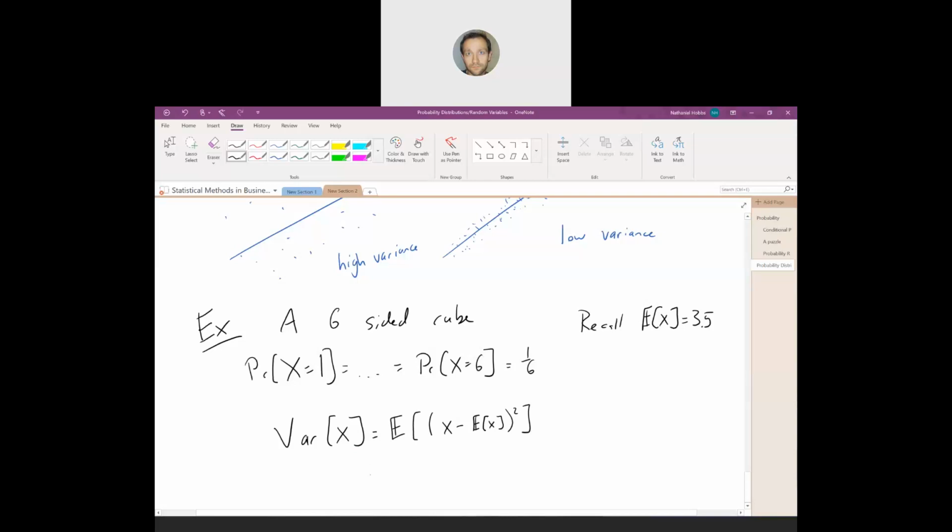Great. So what should I write? You mean like just write it out? Mm-hmm. So it'd be 1 minus 3.5 squared plus 2 minus 3.5 squared, and etc. Oh, wait.